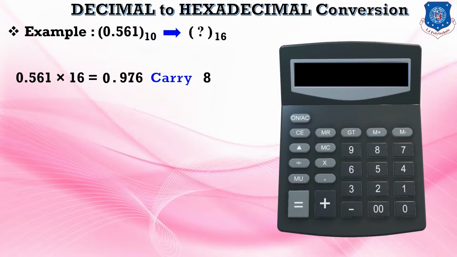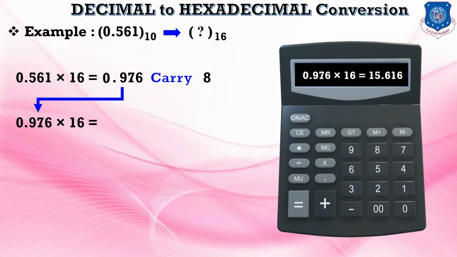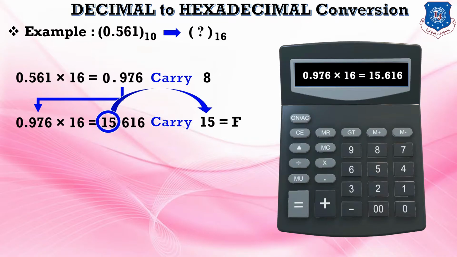So the remaining term will become 0.976. Now for the next step, we multiply this 0.976 with 16. Then we will get the answer 15.616. Of this 15.616, we consider 15 as a carry.